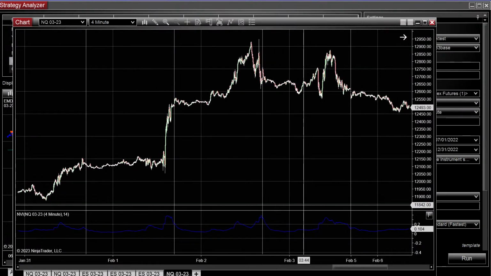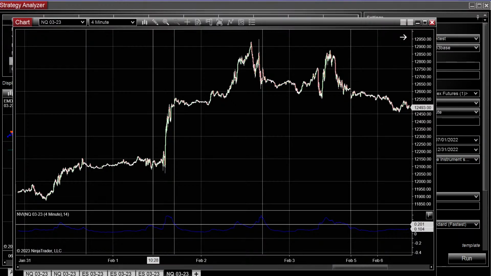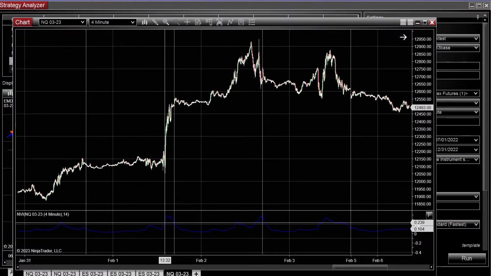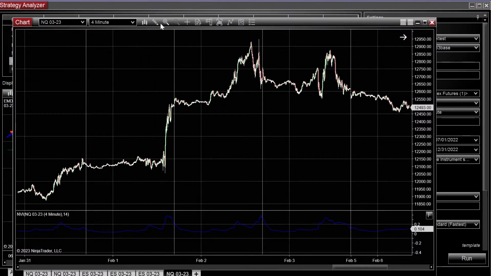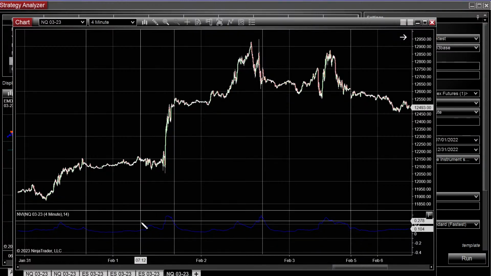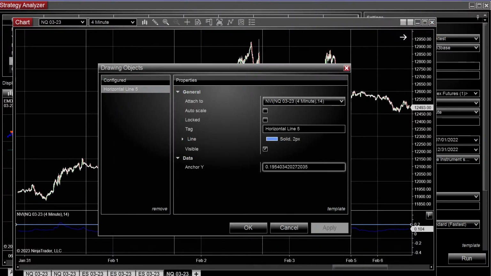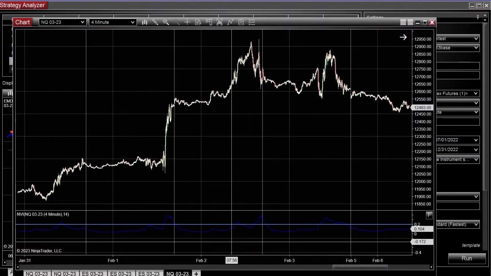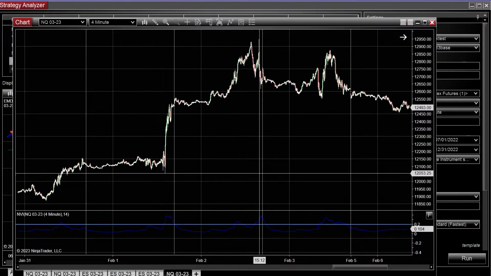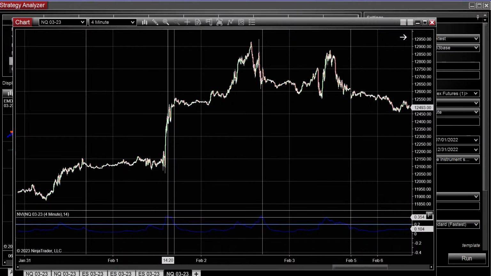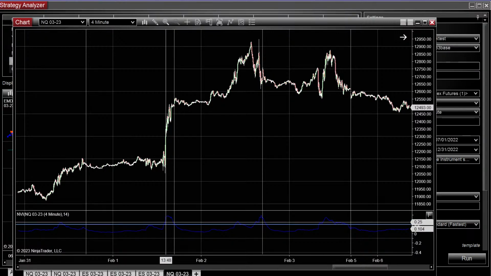And so we can see that using this indicator, generally when we're above 0.2, that's a much higher volatile environment. So let's put a horizontal line at 0.2. So basically what we're saying here is whenever we're above 0.2, volatility is pretty damn high.